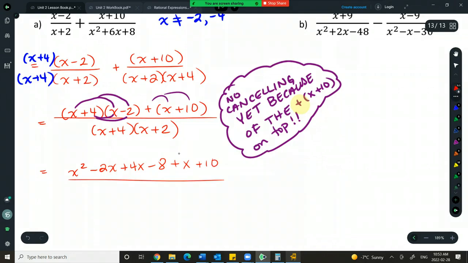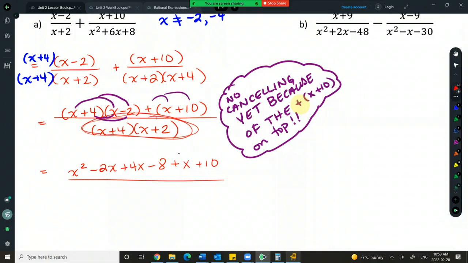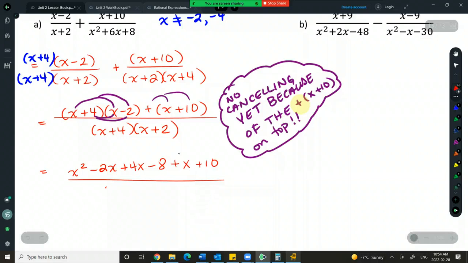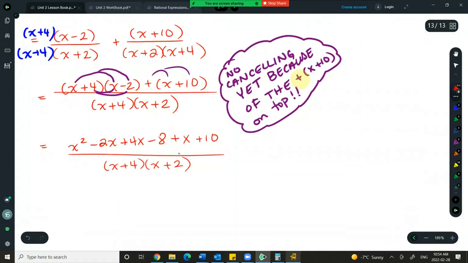Do not FOIL the denominator. There's no need to do that because this is already in perfect factored form, and we know perfect factored form is fully simplified. This one was not in perfect factored form because I had that plus x plus 10 on the end. So leave the denominator, FOIL and expand the numerator and then gather any like terms.